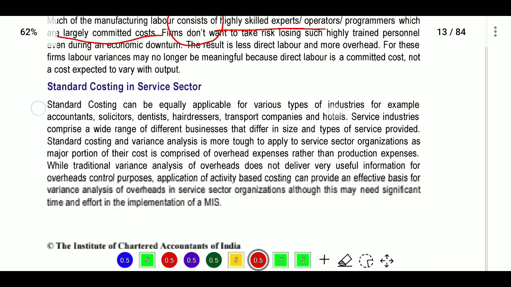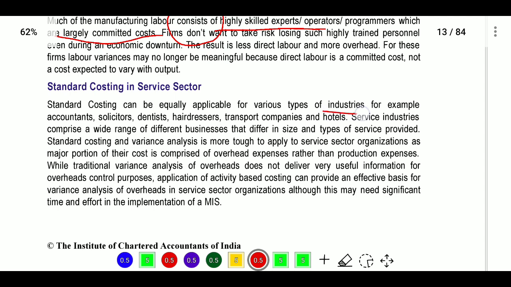Next, standard costing in the service sector. Here we use activity based costing. ABC can provide a constructive basis for variance analysis of overheads in service sector organizations.